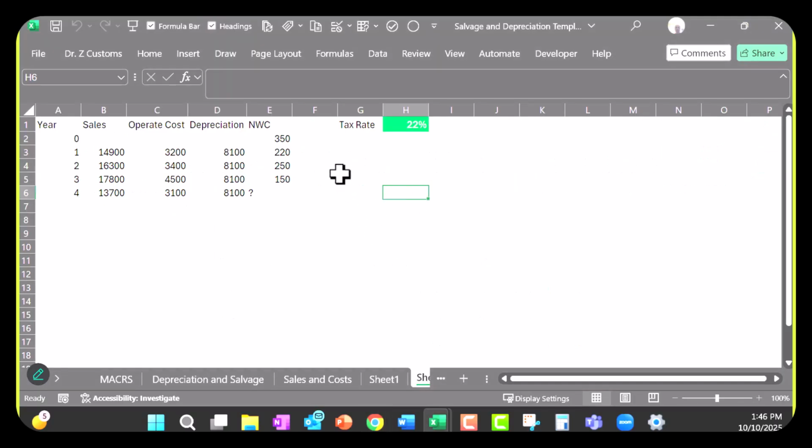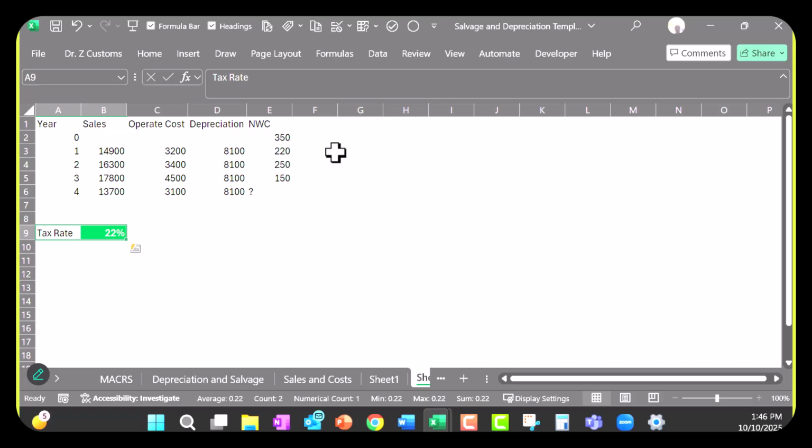Now, first things first, let me move this here. Let's calculate net income each year.